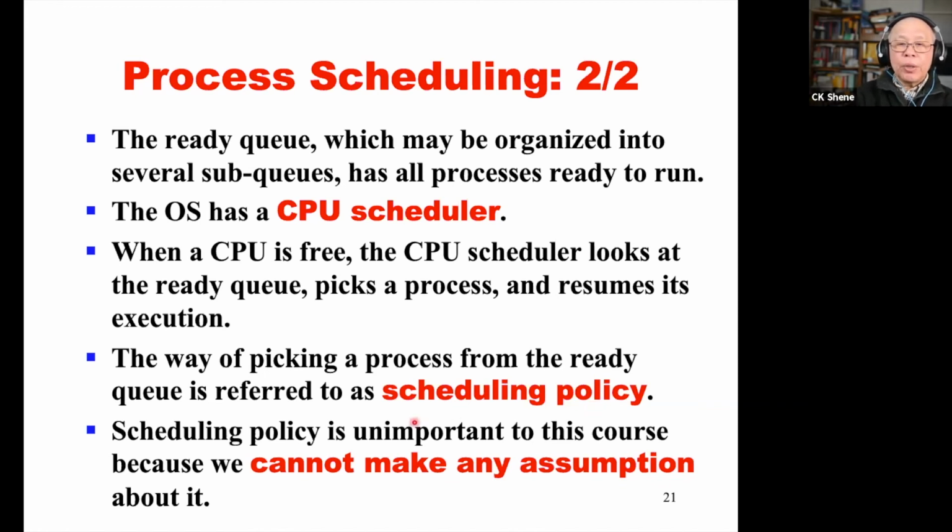This scheduling policy is unimportant to this course because the correctness of your program cannot depend on any scheduling policy. For example, if you assume that the first suspended process would be resumed first, you are 100% wrong, because that depends on the scheduling policy. We don't know the scheduling policy, so we are not able to make sure when a process would run after it is suspended.